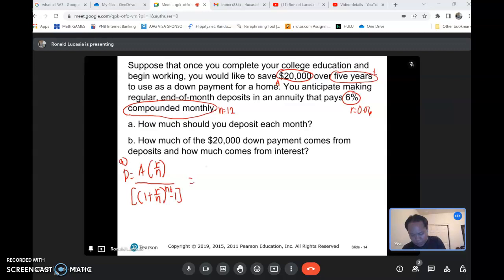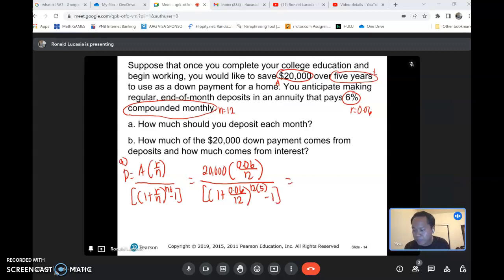So we have 20,000, the rate is 0.06, multiplied, divided by 12, over 1 plus the rate 0.06 all over 12, and then the n is 12, multiplied by 5, minus 1, and that will give us approximately $287.